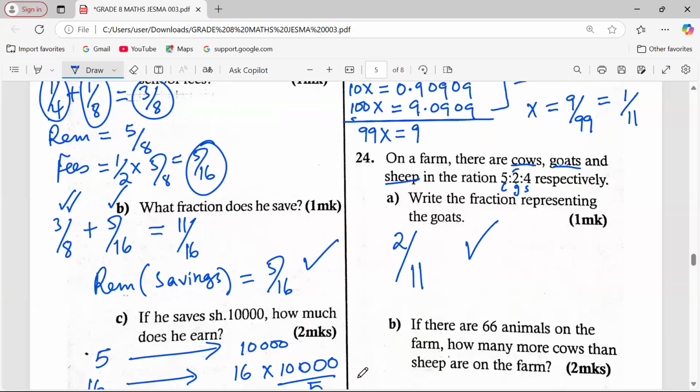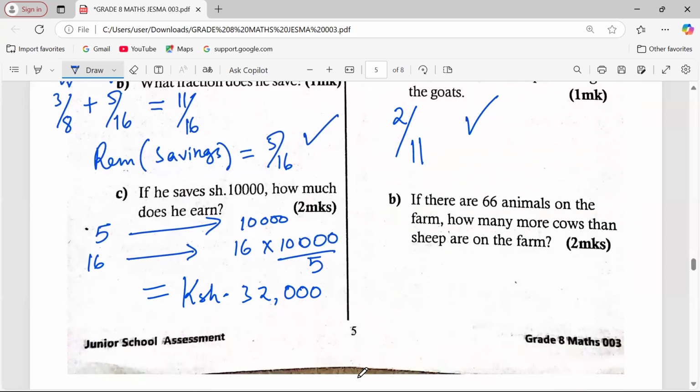Yeah, we continue. Part B, if there are 66 animals on the farm, how many more cows than sheep are on the farm?